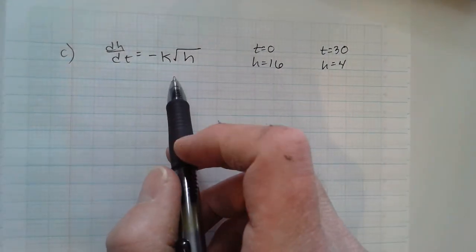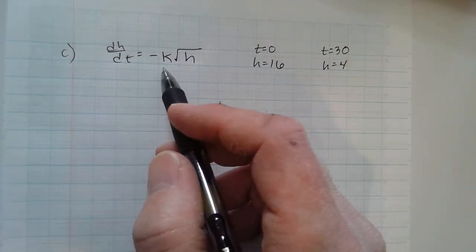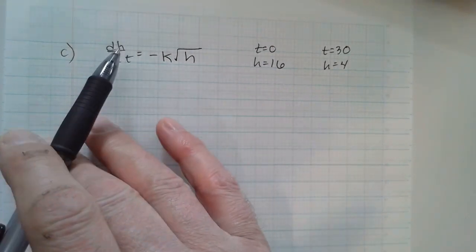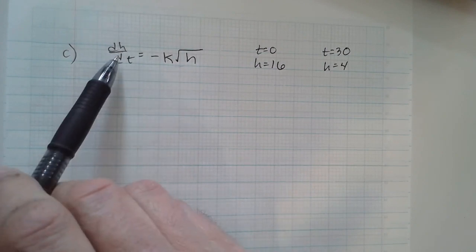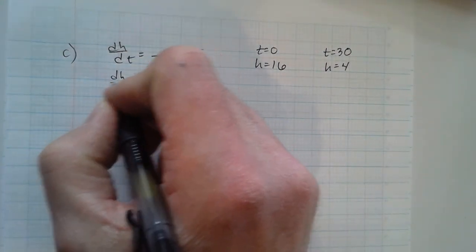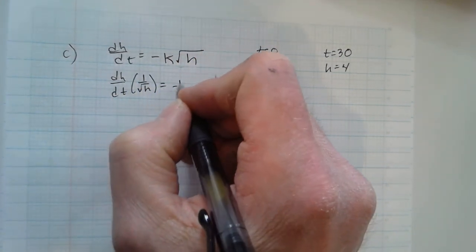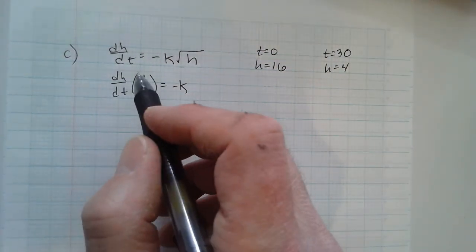All right, so we're going to start by solving this differential equation by separating the variables. The dependent variable is H, so we need to move the H factor over here. So we have dH dt times 1 over square root of H equals negative K. And we integrate with respect to t.